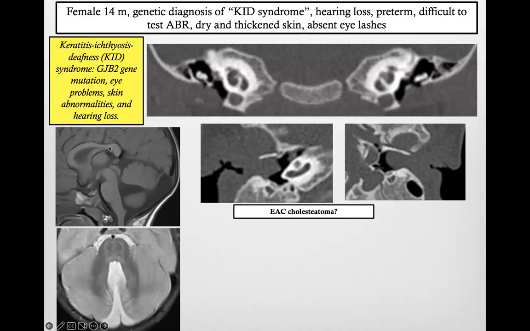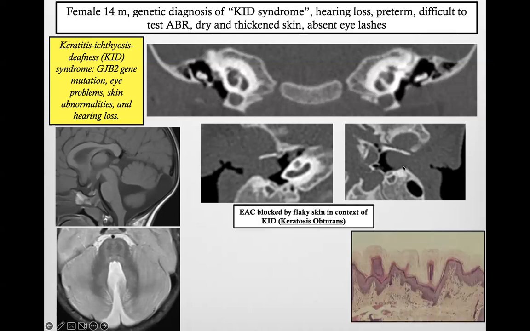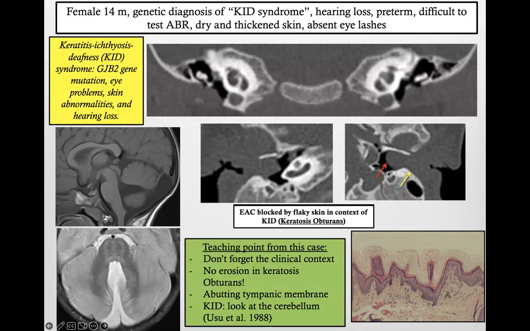But is this an EAC cholesteatoma? Well, actually, if you see, there is no erosion. Where is the erosion? This is keratosis obturans. So this is a lot of keratin occluding, blocking the external auditory canal, differently from the cholesteatoma that should erode the bone. So remember, keratosis obturans is very rare in children, but it's possible.